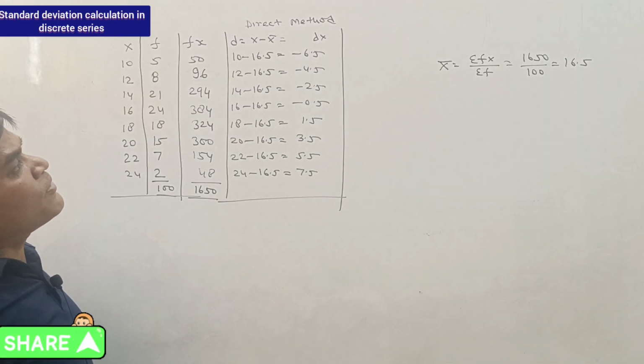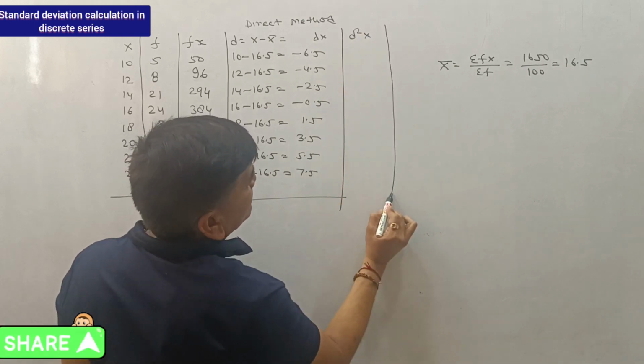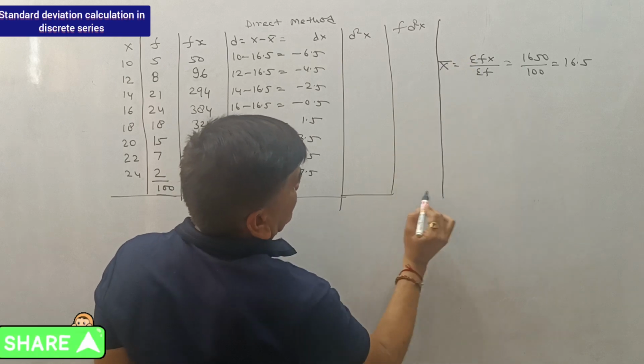Now we require the square, d square, and f d square is also required.